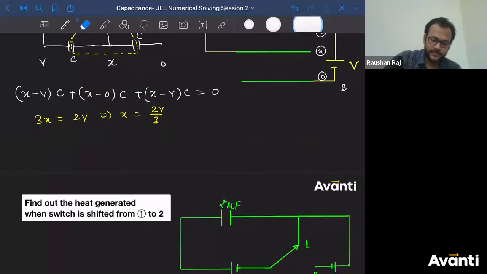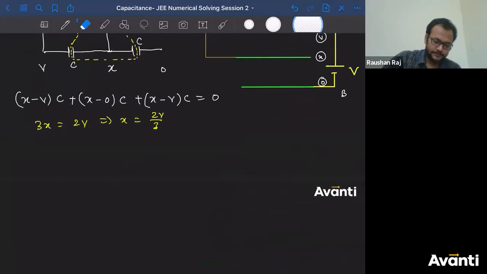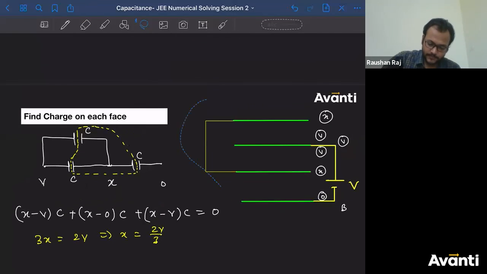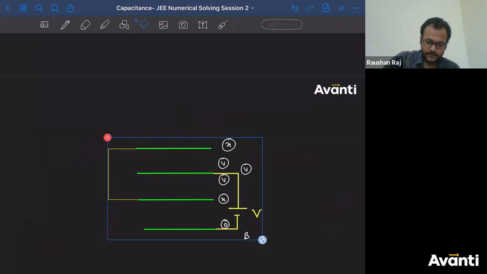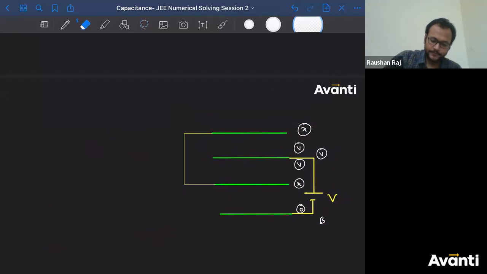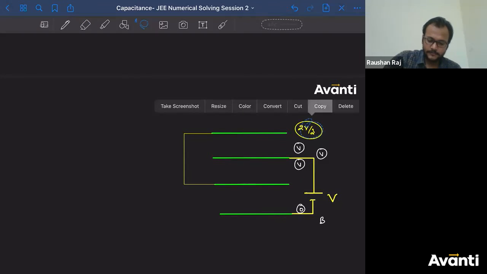So put the value here only. Or let me add one page here. I don't want to mess it up with the question. So this is the condition. So x is equal to 2v by 3. Okay.